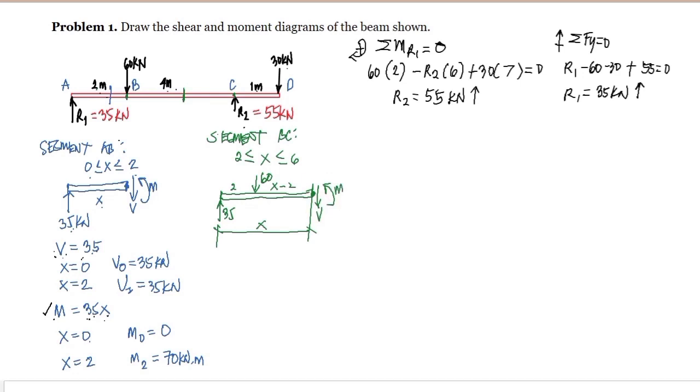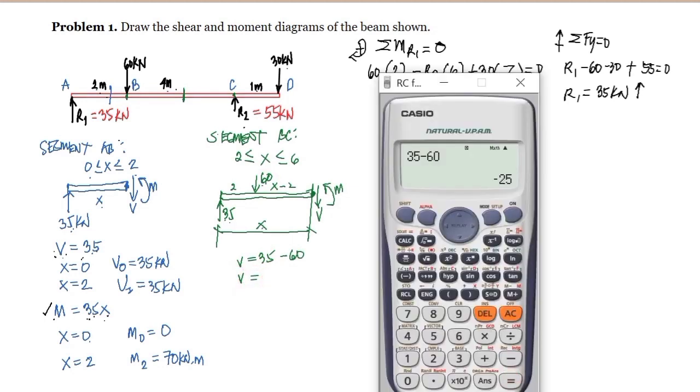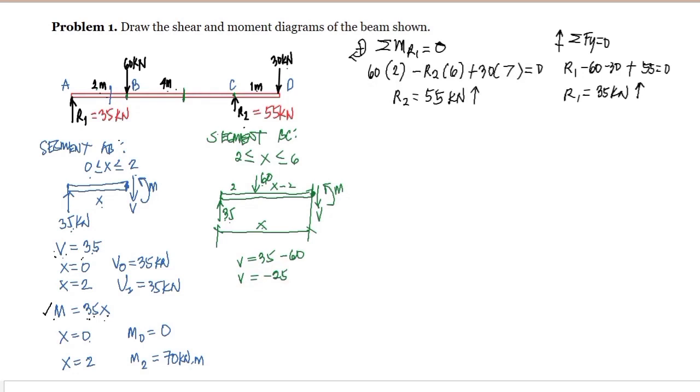So in order for us to solve for the shear equation, we have here the shear is equal to 35 that is directed upward, so it's positive, minus 60. So we have shear is equal to negative 25.